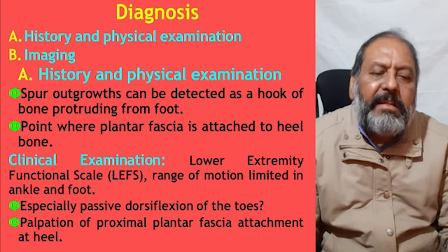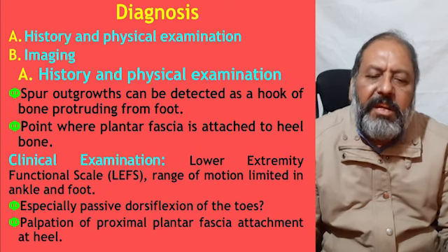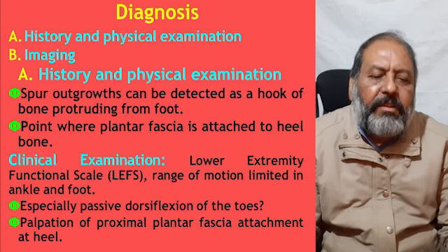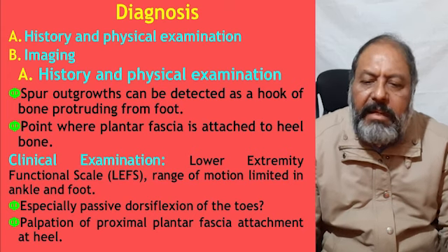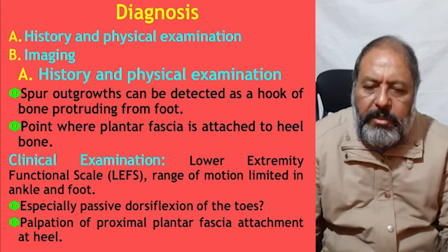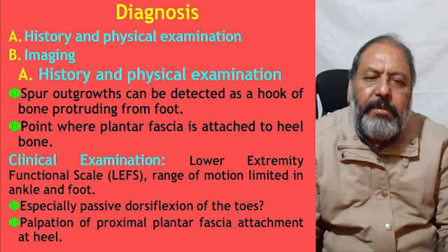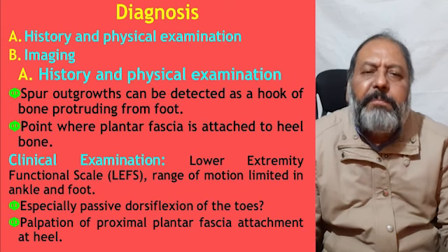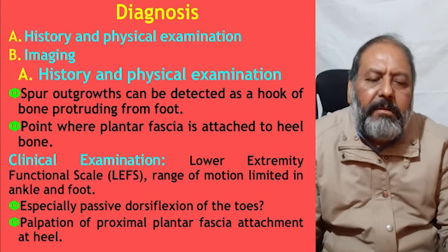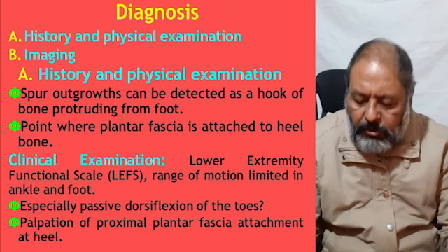In the clinical examination, the Lower Extremity Functional Scale (LEFS) and range of motion of the ankle and foot are assessed, especially passive dorsiflexion of the toes, and the palpation of the proximal plantar fascia attachment at the heel is also examined.